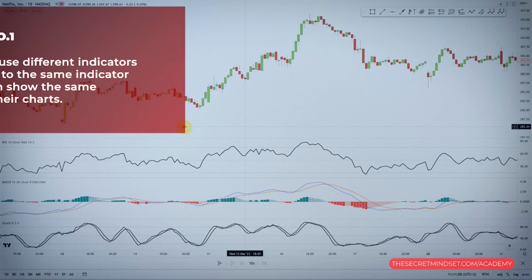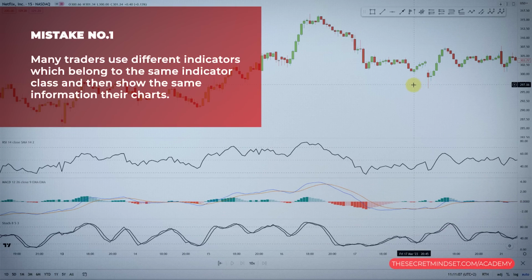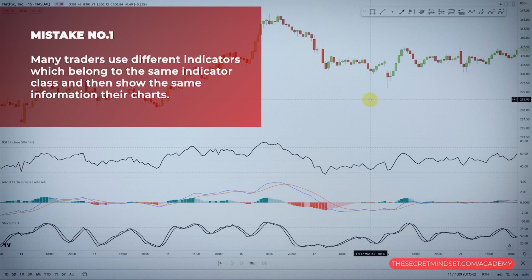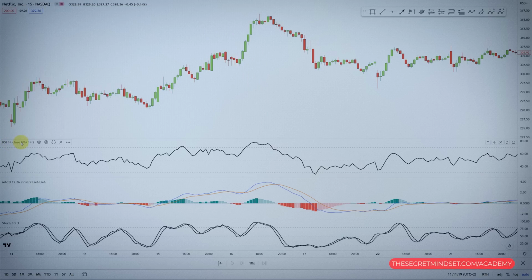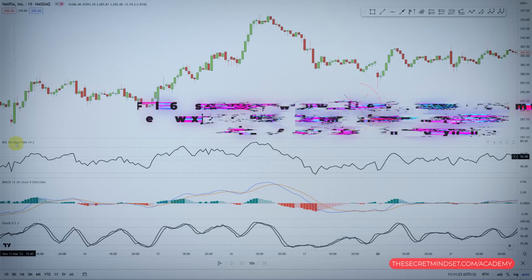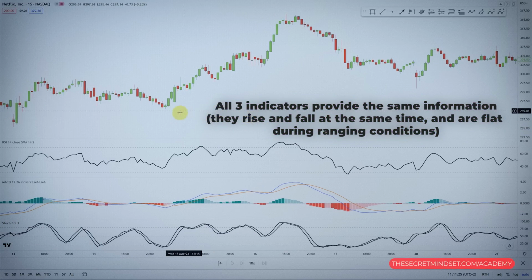The biggest problem with traders is the fact they use different indicators which belong to the same indicator class and show the same information on their charts. If you take a look at this example, I've added 3 momentum indicators: MACD, RSI, and Stochastic. Essentially, all 3 indicators provide the same information because they examine momentum in price behavior.